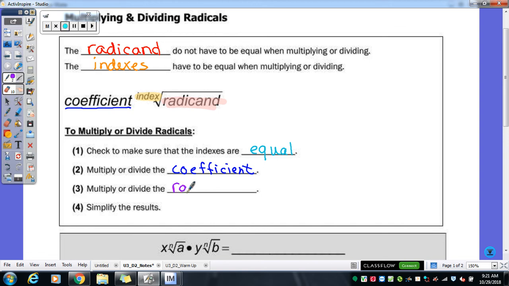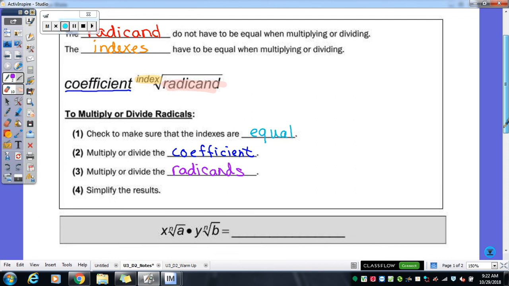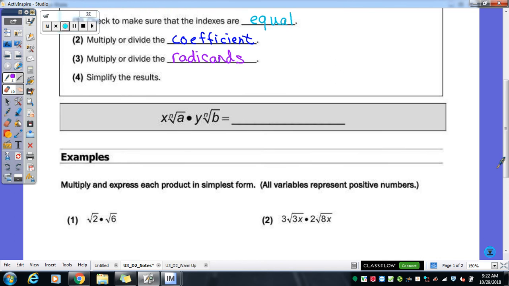Next, multiply or divide the radicands. Again, those are the numbers underneath. And then you simplify your results. So you multiply the numbers in front of the radical, multiply the numbers underneath the radical, and then simplify. So in my little box, my example here, our two coefficients would be the letters x and y.